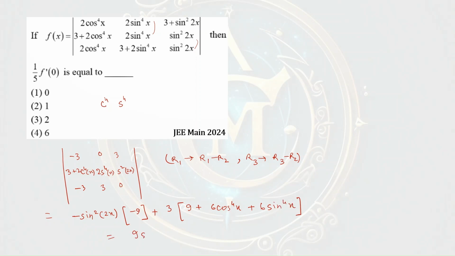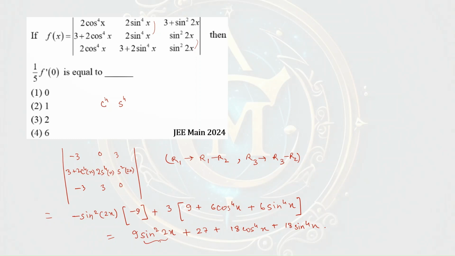This becomes 9 sin square 2x plus 27 plus 18 cos to the power 4x plus 18 sine to the power 4x.